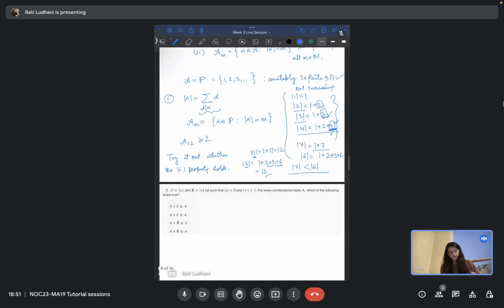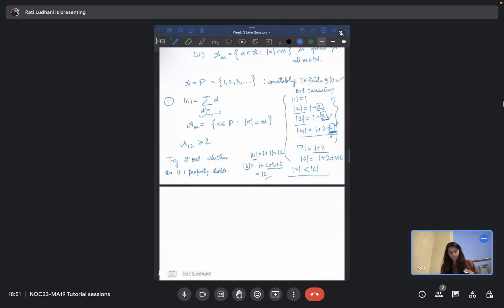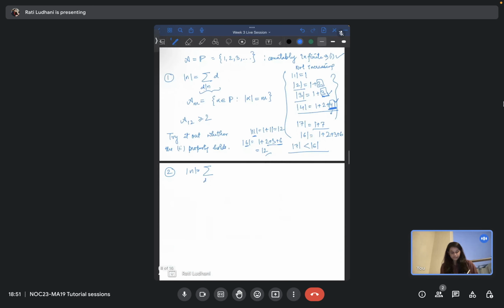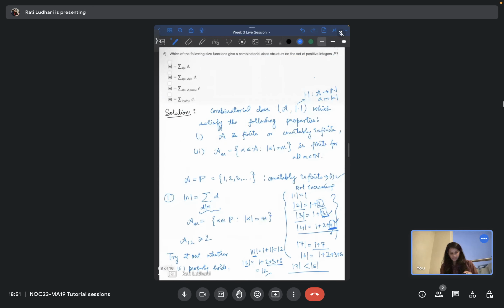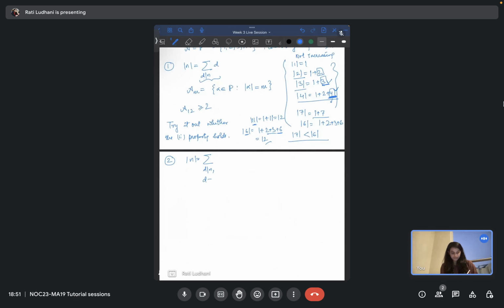Okay, what about the next part? So n is equal to, we'll get an idea if we need the other parts. So you have this. Now d is not equal to n, so the difference is just that d is not equal to n.